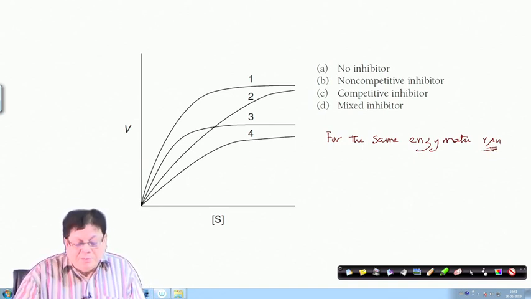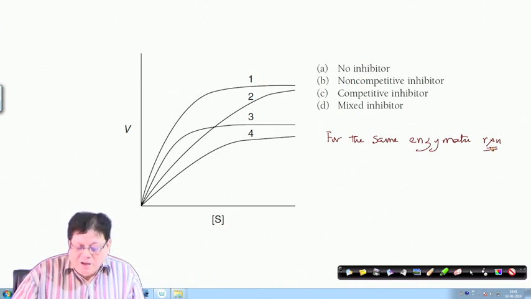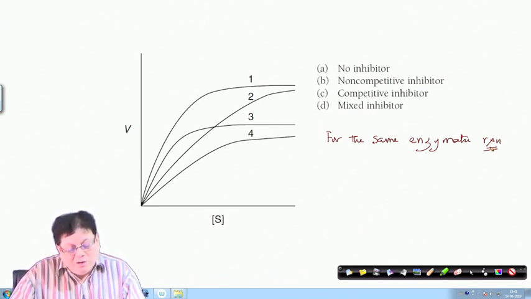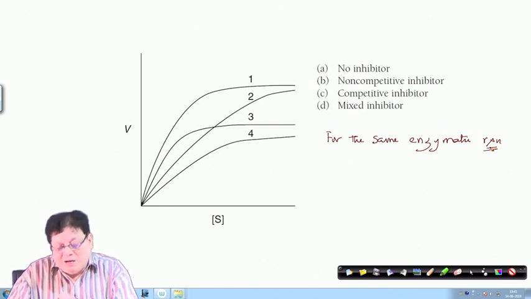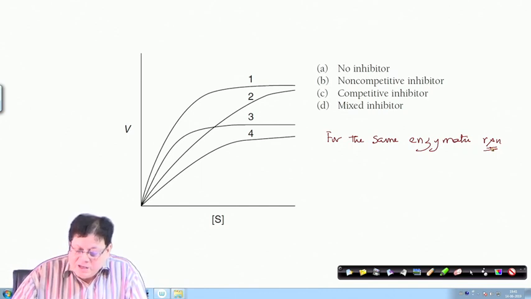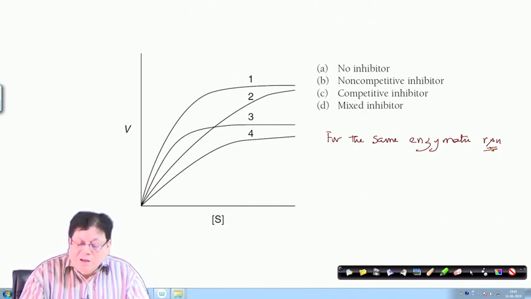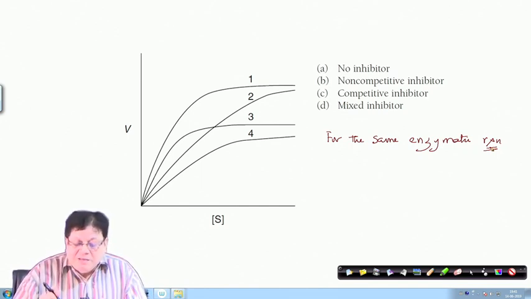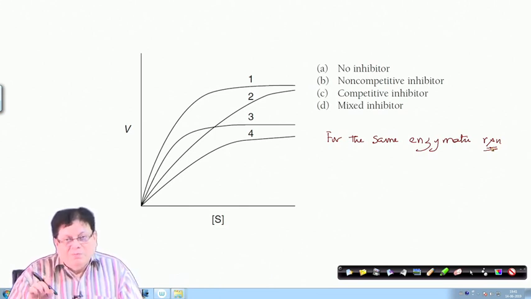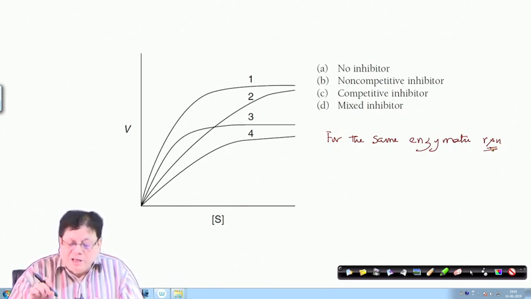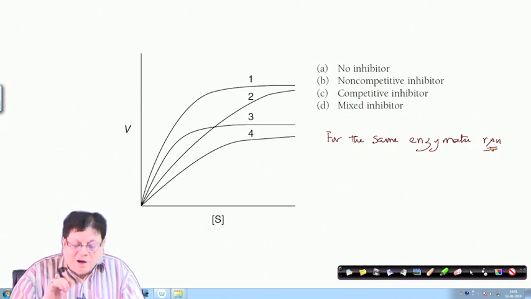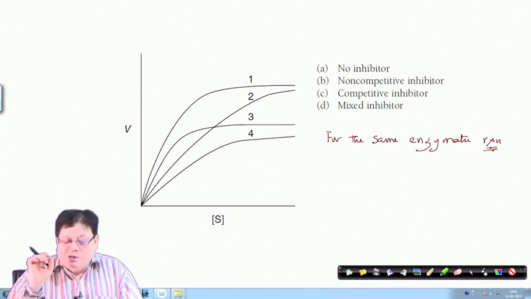For the same enzymatic reaction, for the same enzyme concentration, all conditions are kept similar. Only there are 4 curves. In one of the experiments there was no inhibitor, and one of these curves represents that kinetics. Another one is where a non-competitive inhibitor is added, and you have to find out which curve fits the non-competitive inhibition.